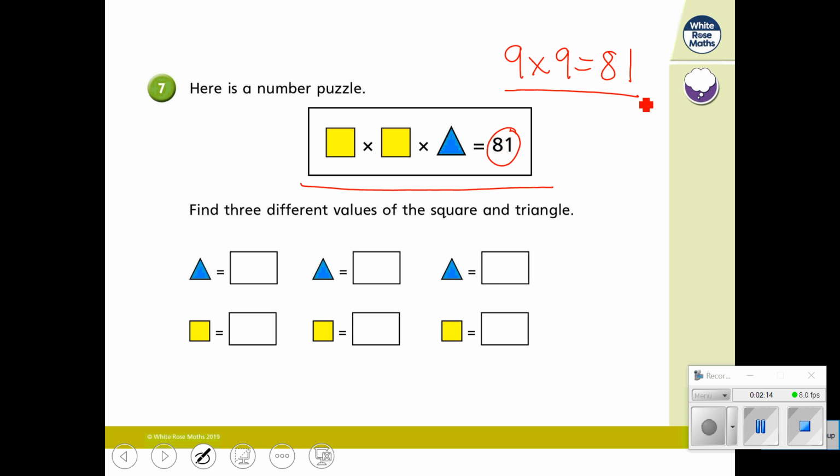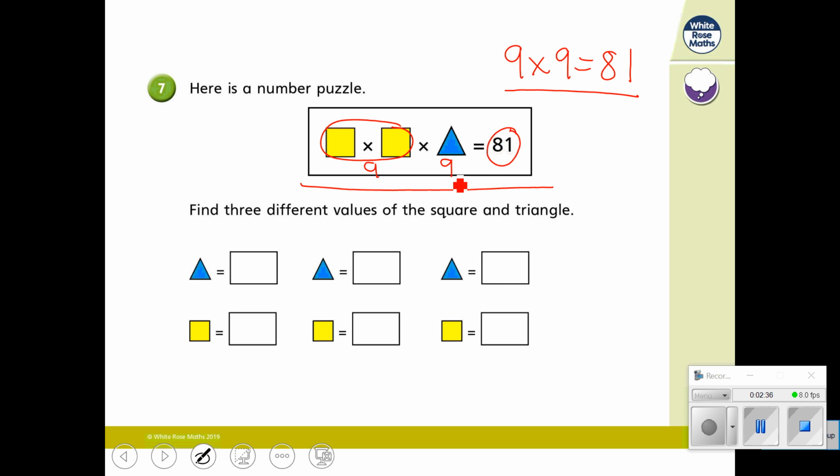Right, so here, something times something is 81. I'm going to link my 2 squares together, and I'm going to say something times something is 81. Well, one way I could do it is make that 9 and make that 9.